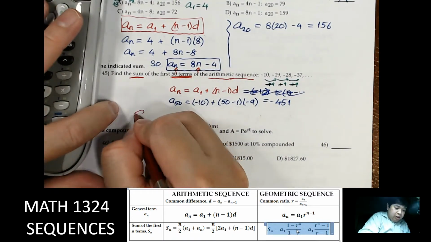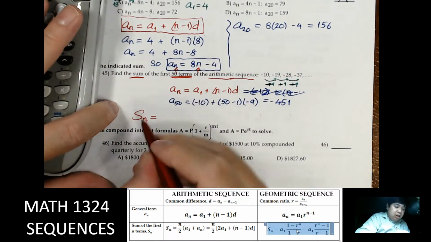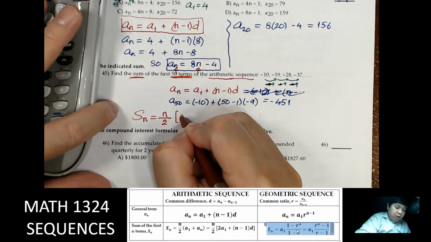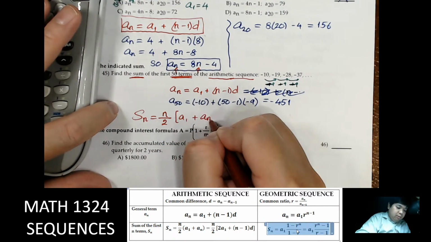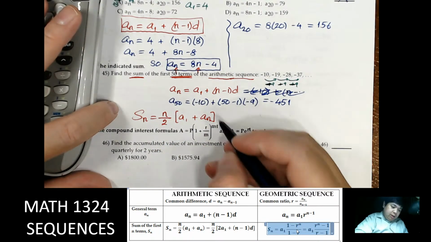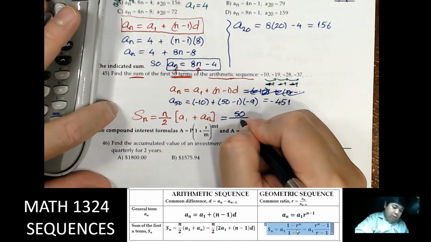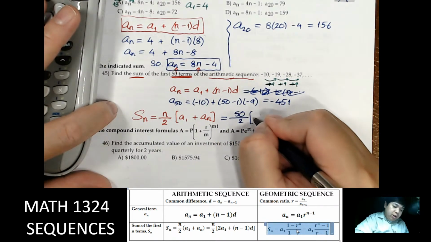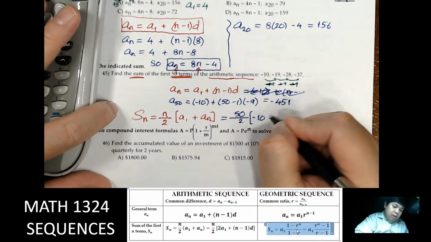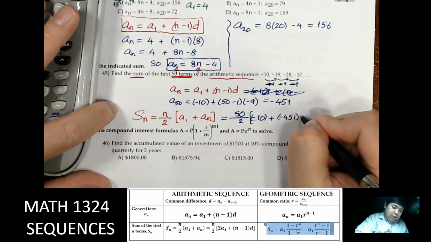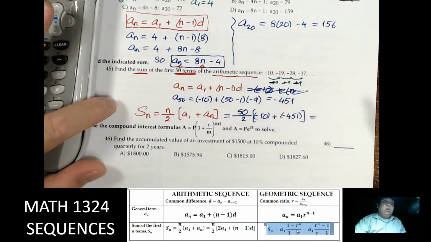And then finally, the sum of the first n terms: the number of terms divided by 2, the first plus the nth term. So n over 2, 50 over 2, the first term, negative 10, plus negative 451. And we do that.